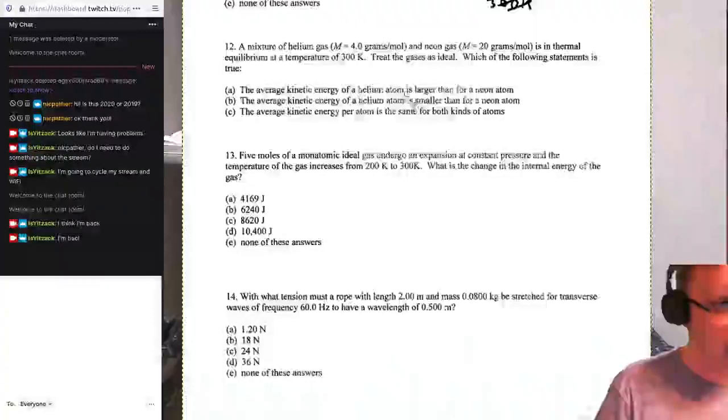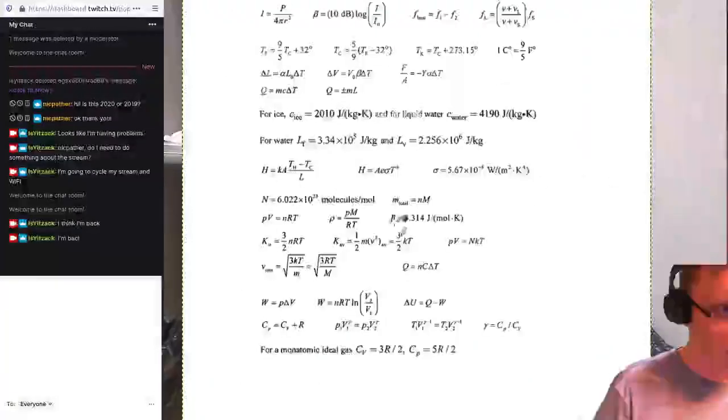Average kinetic energy of helium is larger than that for neon. Average kinetic energy for helium is smaller or the same. Alright. Kinetic energy average, where is it? Here we are. Kinetic energy average is equal to 1/2 mv squared is equal to 3/2 kT.